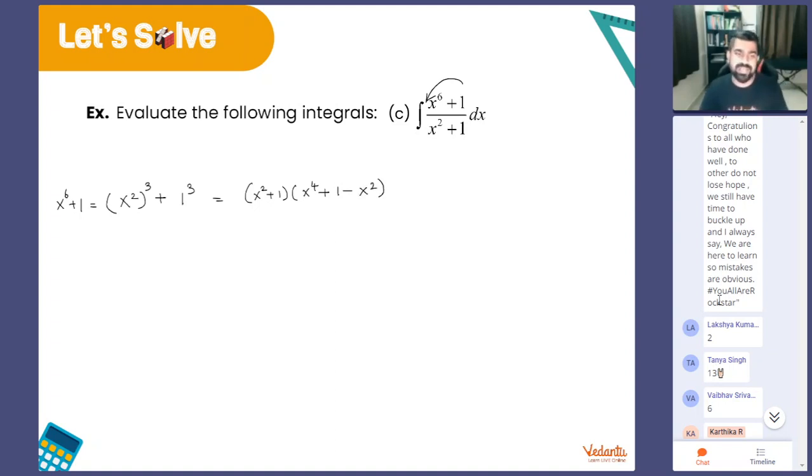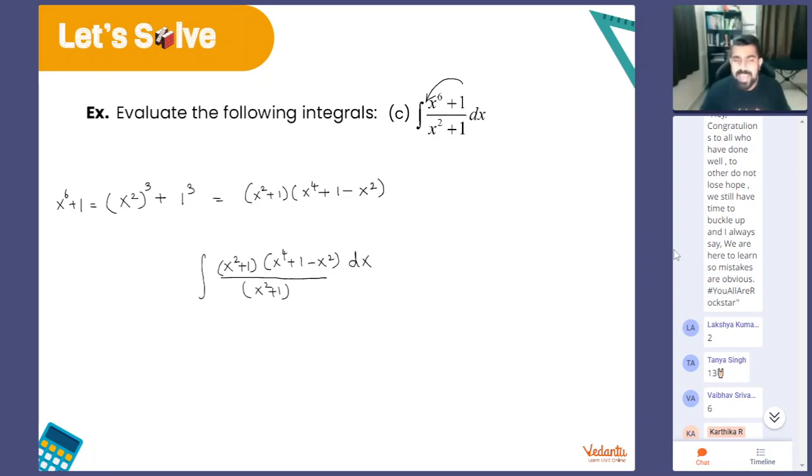It is minus ab, right? Everybody cool with that? A cube plus b cube formula is very important. It is a plus b into a square minus ab plus b square.